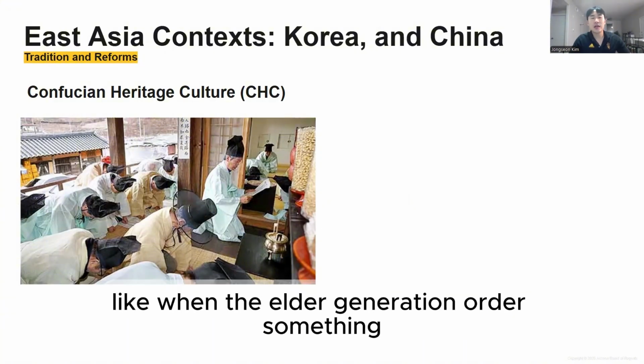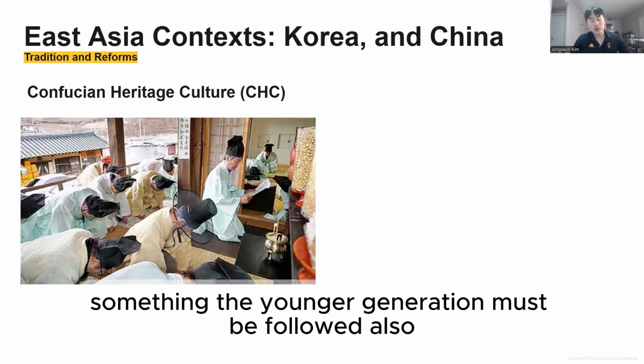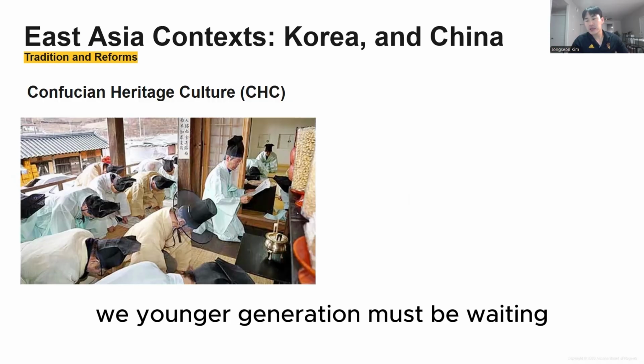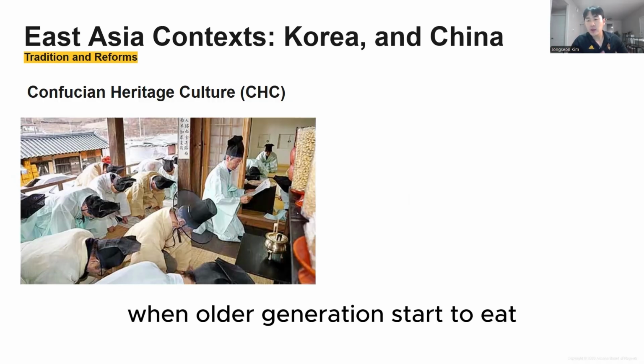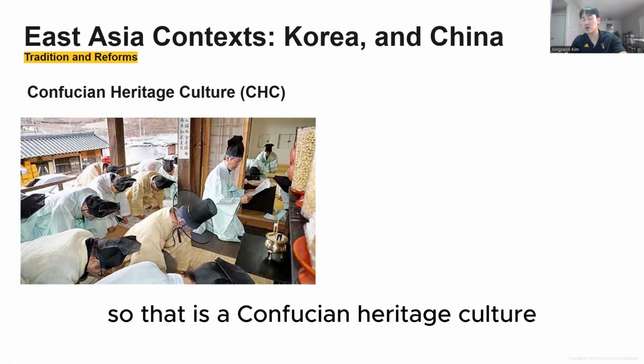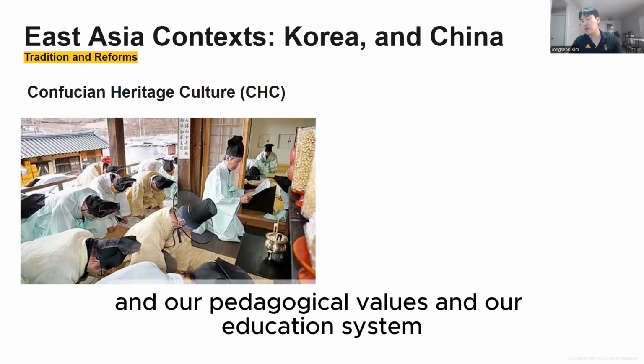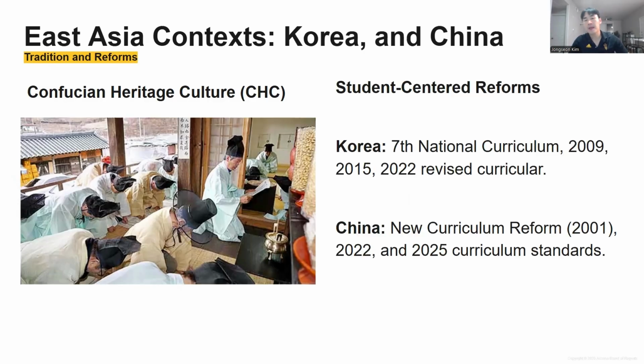Confucian heritage culture is deeply inside our DNA. For example, when the elder generation orders or commands something, the younger generation must follow. Also, in a dining situation, the younger generation must wait when older generations start to eat. That is Confucian heritage culture, and it is deeply inside our culture, our pedagogical values, and our education system.